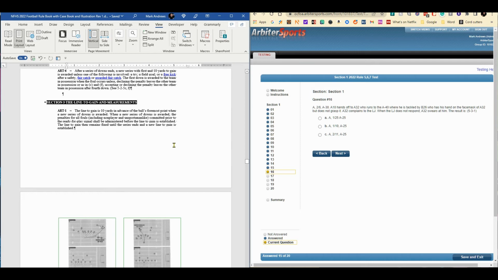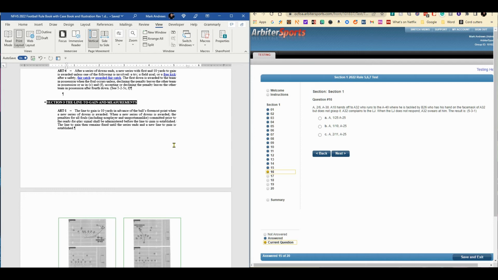What is that all saying? Basically, it's saying that we are not going to give them a first down at the A40 and then march off 15 yards back and have it be first down and 25. That used to happen, and the only way that can happen now would be if the A team had established a first down, chains are moved, everything's ready to go.